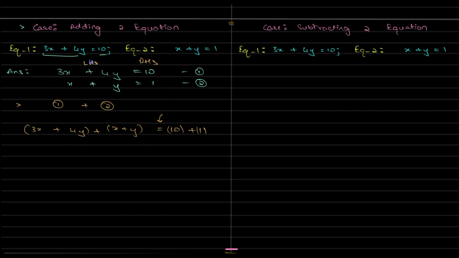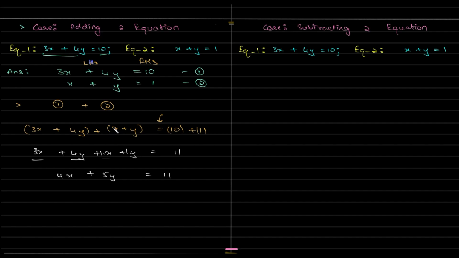So we are to add 3x plus 4y with x plus y. On the RHS, we have 10 plus 1, that is 11. So 3x and 1x is your 4x, 4y and 1y is your 5y, is equal to 11.